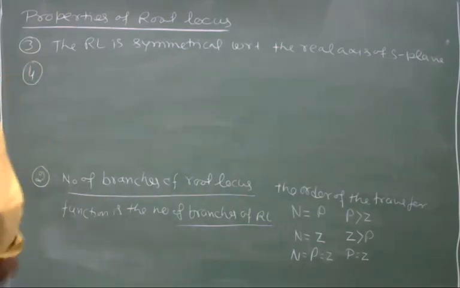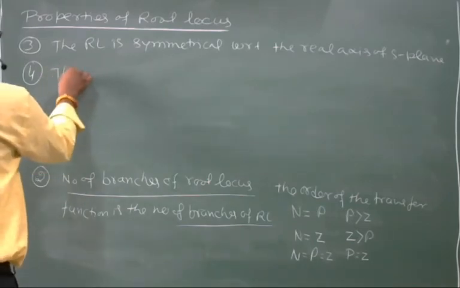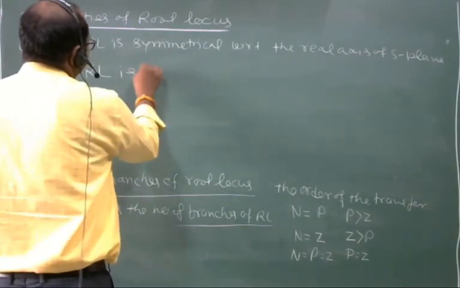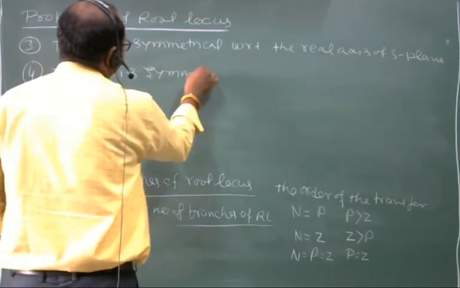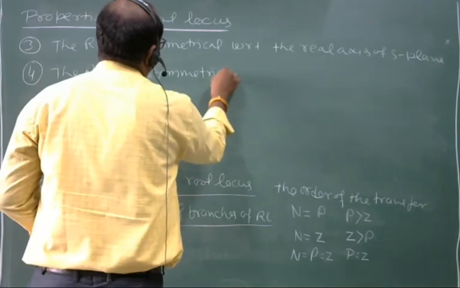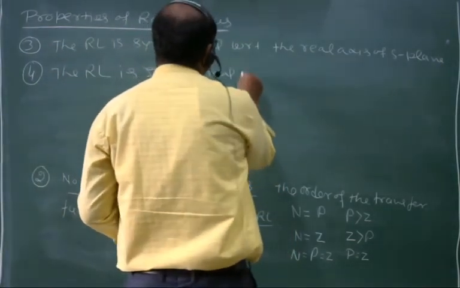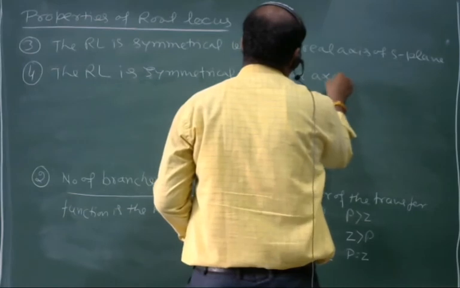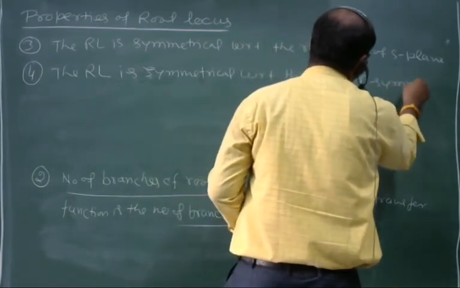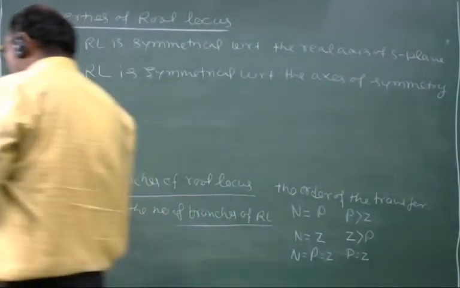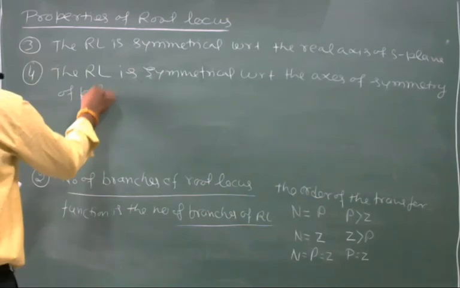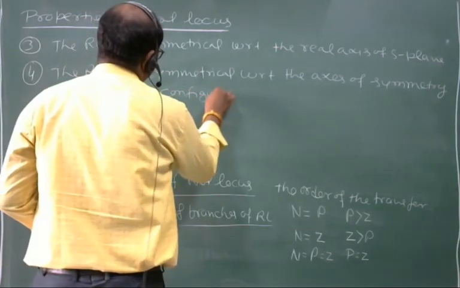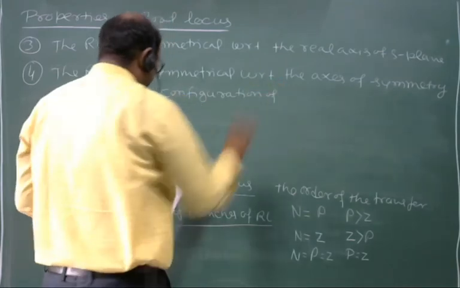Fourth, the root locus is symmetrical with respect to the axis of symmetry of the pole-zero configuration of G(s)H(s).